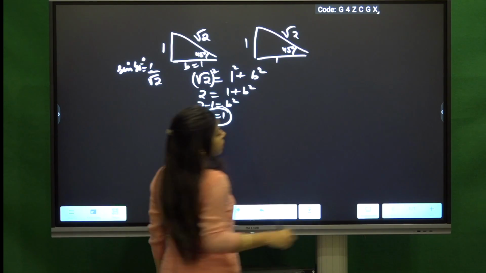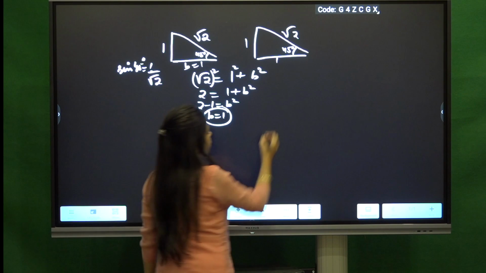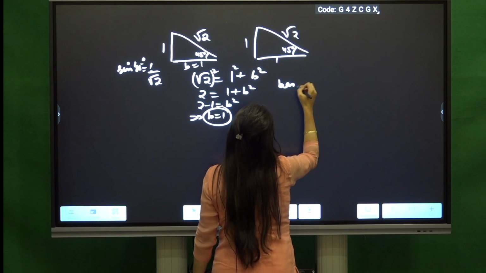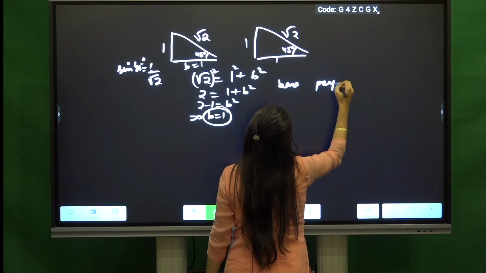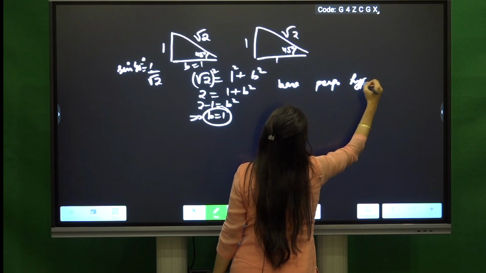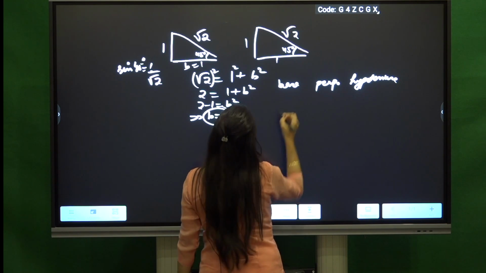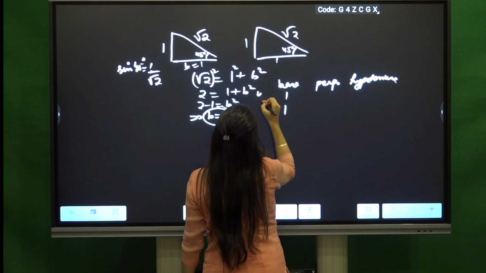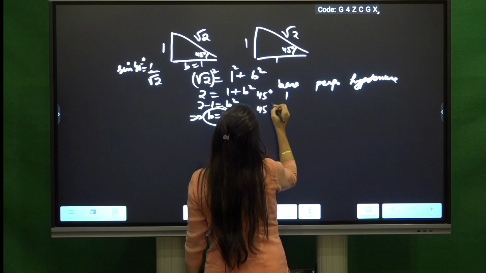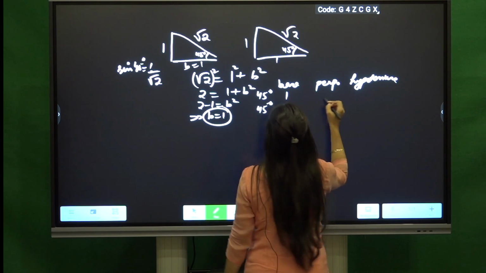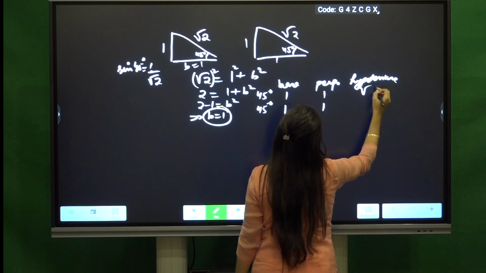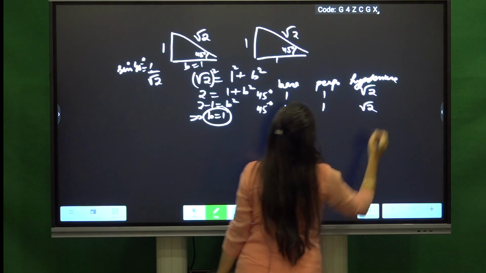So, let me write this information. This will be base, perpendicular and hypotenuse. Base is 1, 1, angles are 45 degree each, perpendicular is again 1, 1 and hypotenuse is root 2 each.